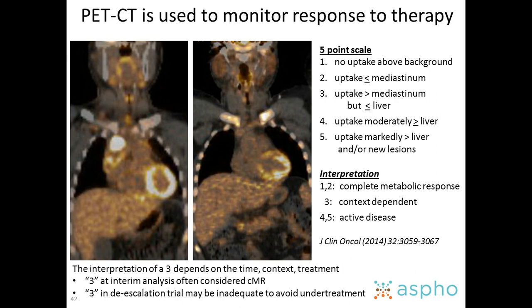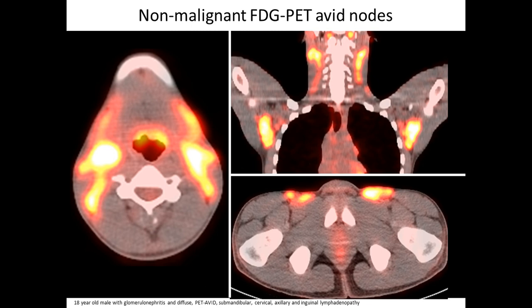But if you are conducting a de-escalation trial, some experts would argue that a 3 might not be non-metabolically active enough because they don't want to risk undertreatment in a de-escalation trial. And I think I have this reference listed at the end of the talk.